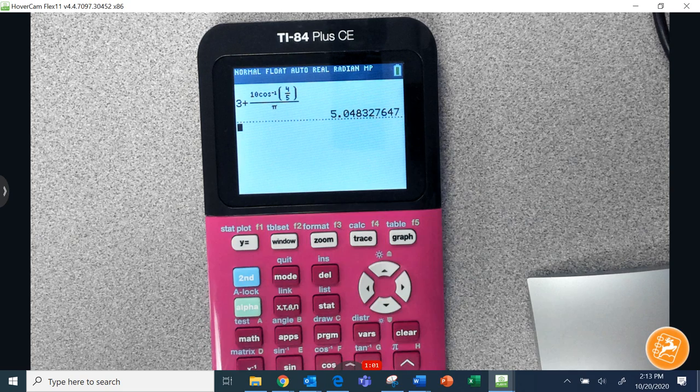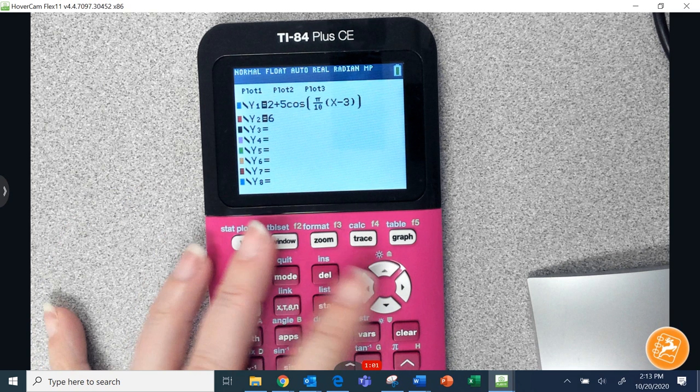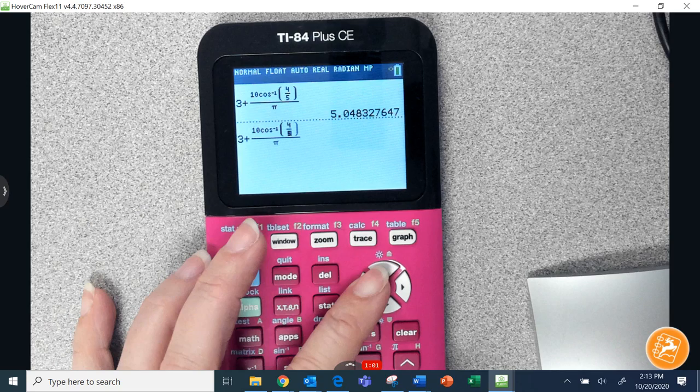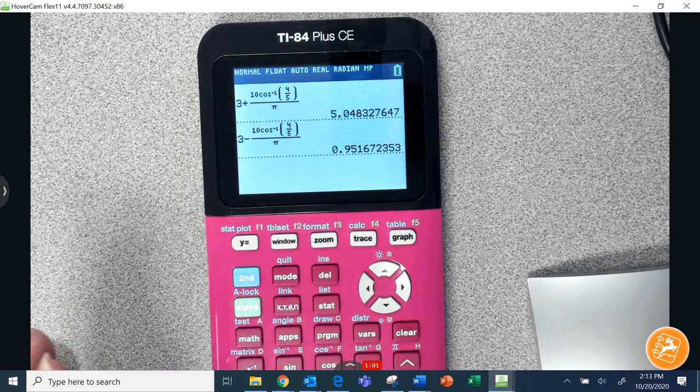To do another answer, I'm not going to retype that in. I'm going to hit second enter, and I'm just going to go change that plus sign to a minus sign. So I don't want to retype it all in again. And I get these two.